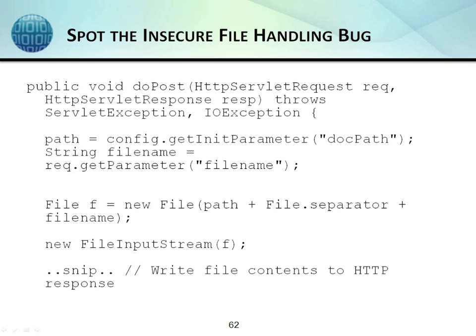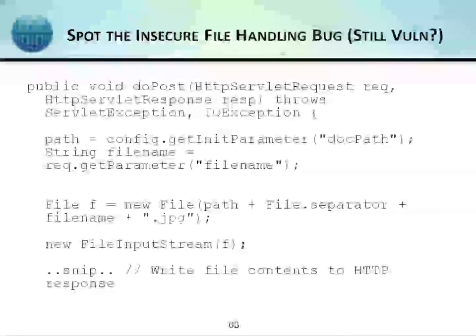So you control the file name parameter. You can pass in something like /etc/passwd, and it'll get read and returned back to the browser. One of the common names for this is arbitrary file download.